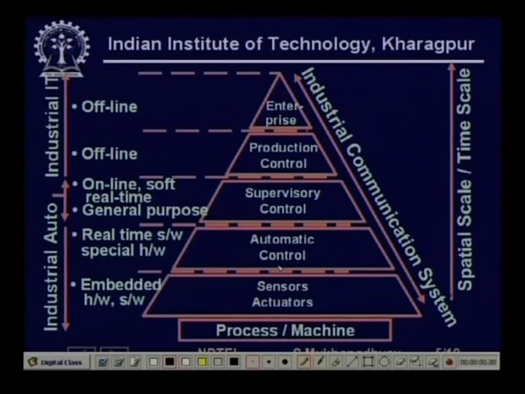Now, as you go up, for example, automatic control also works at the sampling level, in the sense that it computes control inputs for the plant at each sampling point. But while it is designed, sometimes considerations are made of larger duration.